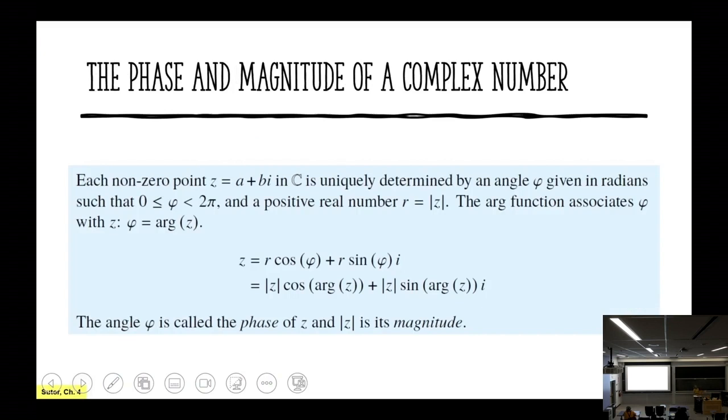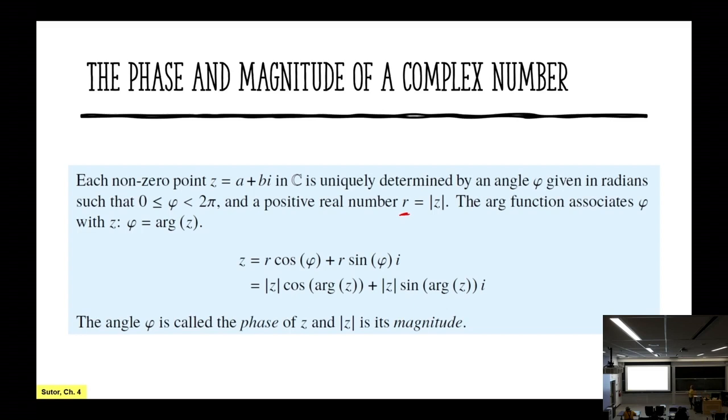All right, so when we look at these complex numbers, here I have them written as a plus bi in the complex plane. They're uniquely determined by an angle in radians and a positive real number, r, which is defined as the absolute value of z.